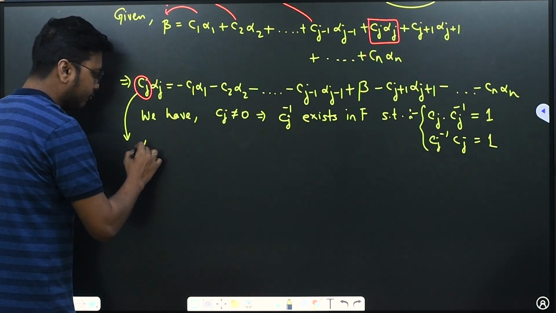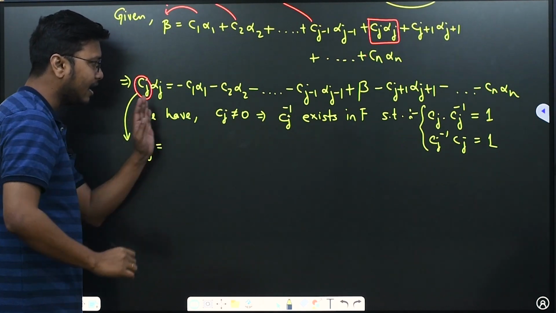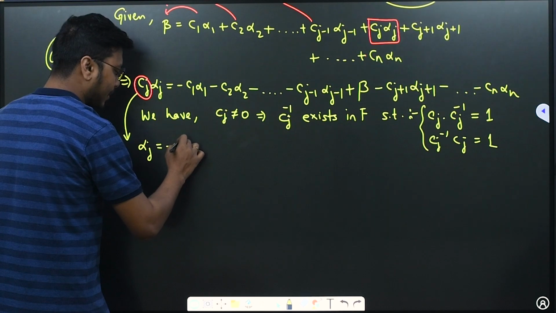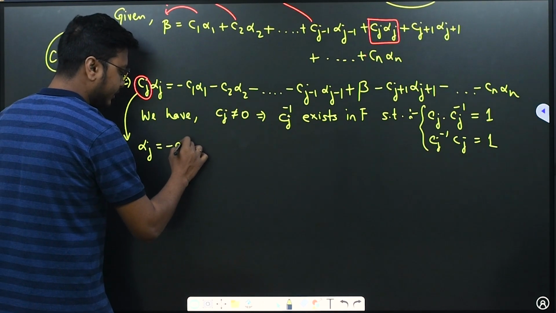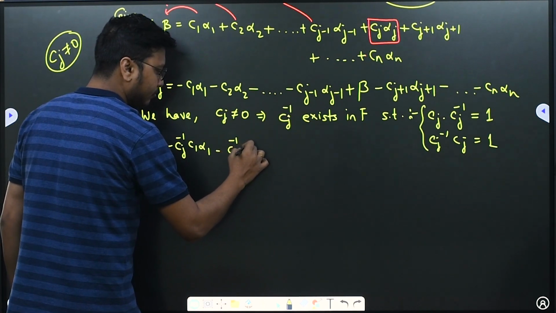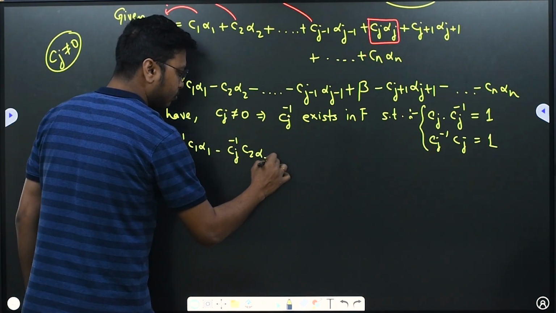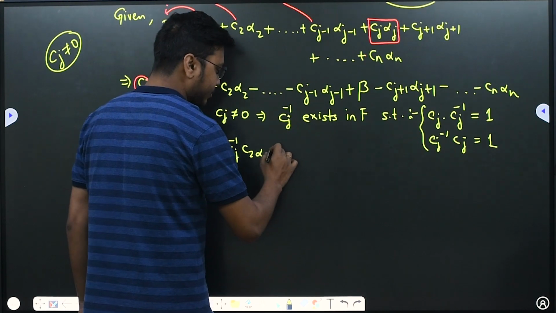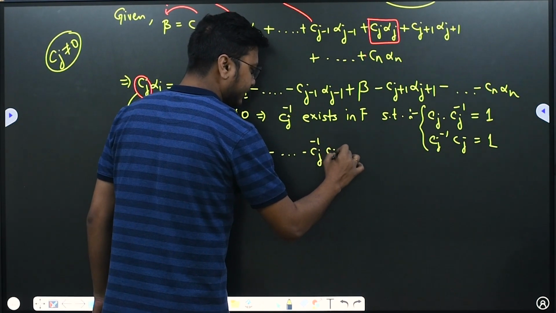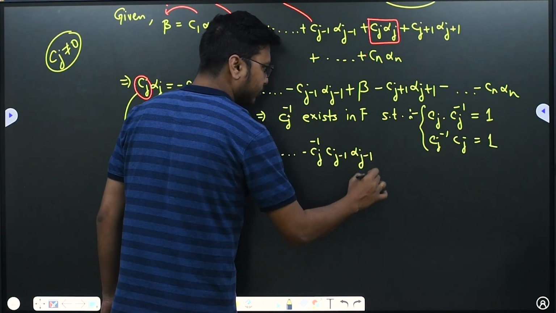So alpha j would be remaining, and with the other elements I'll keep the multiplication as it is, which is minus of cj inverse c1 alpha 1, minus of cj inverse c2 alpha 2, and like this it would go on with all the elements, minus cj inverse cj minus 1 alpha j minus 1.